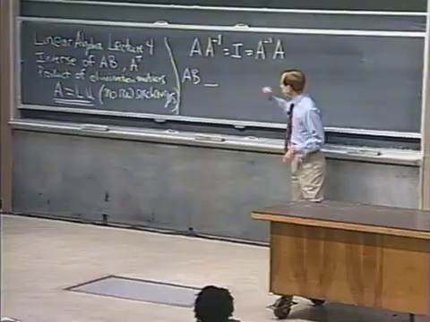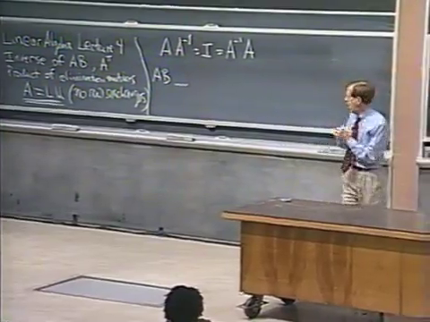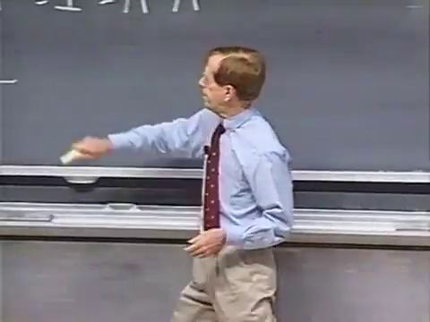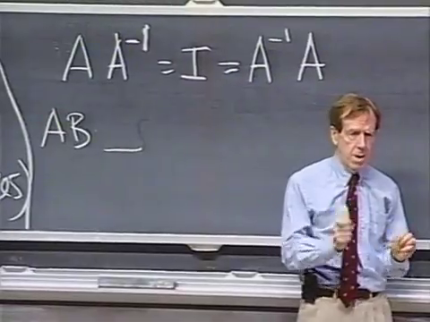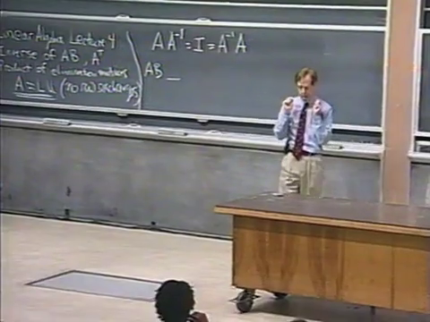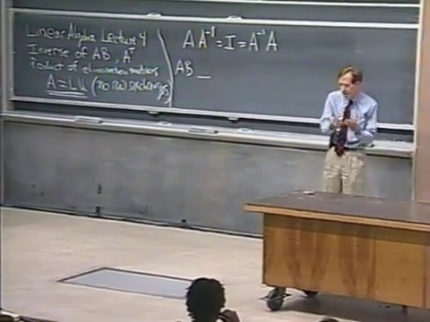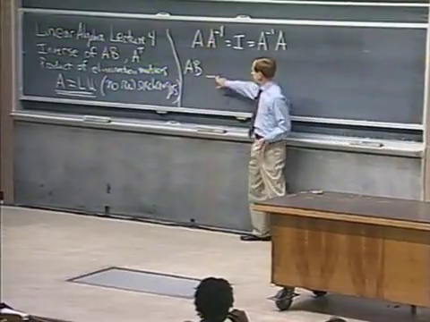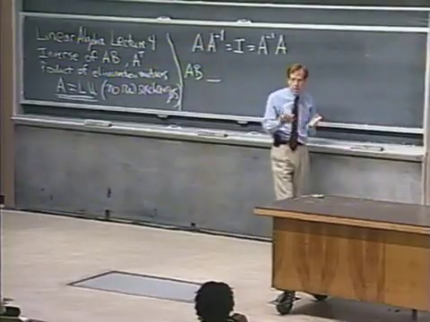Okay, can I take the easy part, the first step first? So suppose A is invertible. And of course it's going to be a big question, when is a matrix invertible? But let's say A is invertible and B is invertible, then what matrix gives me the inverse of AB? So that's the direct question.